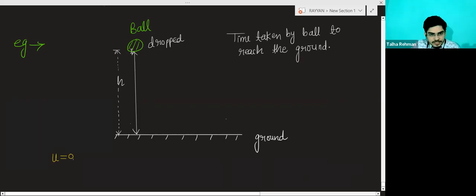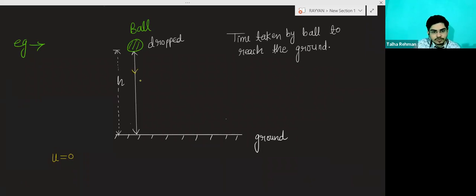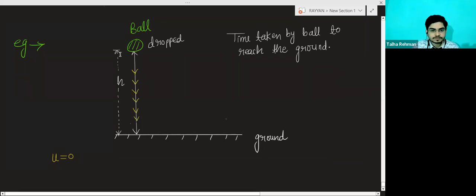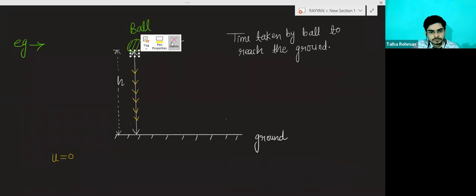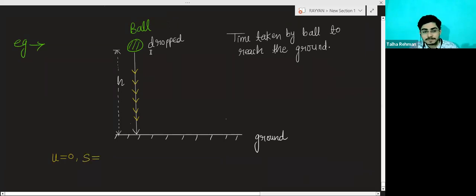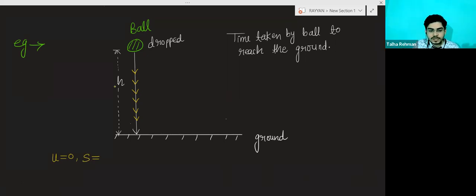The displacement of the ball is in the downward direction, because the ball is going downward like this. So we will take the displacement as negative, minus h, because it is in the downward direction.